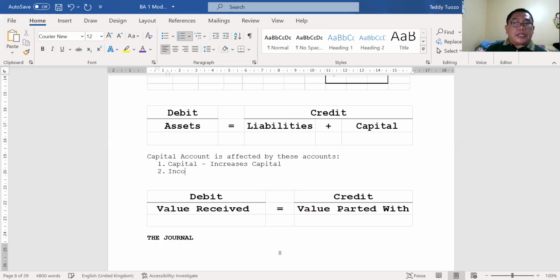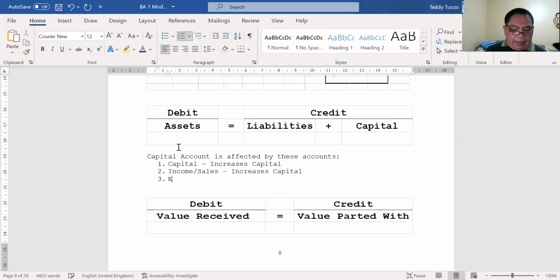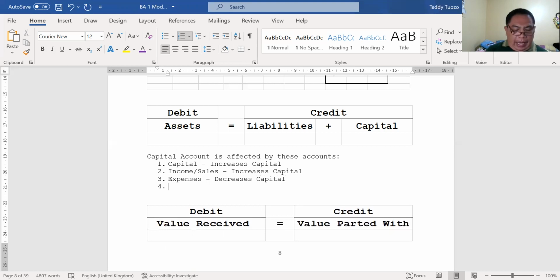If there is income or sales, the capital is also increased. But expenses will decrease capital, and withdrawals will also decrease capital.